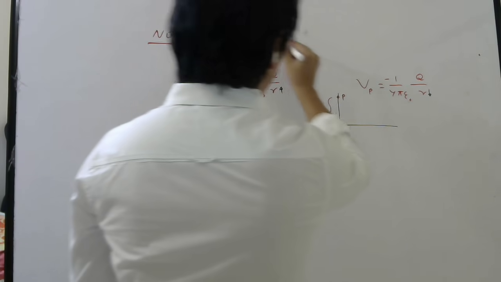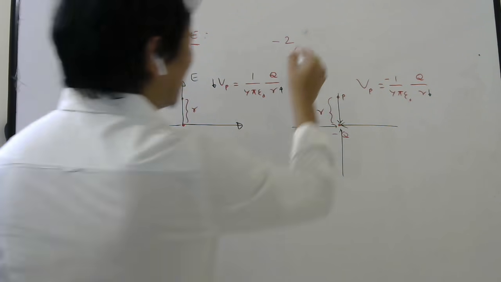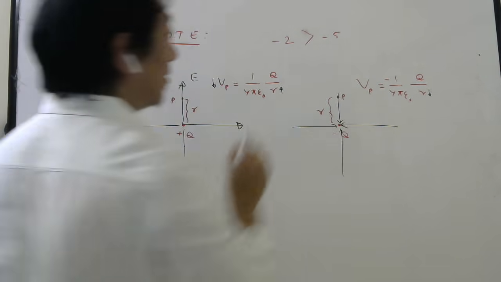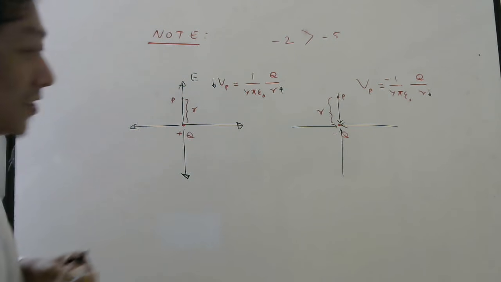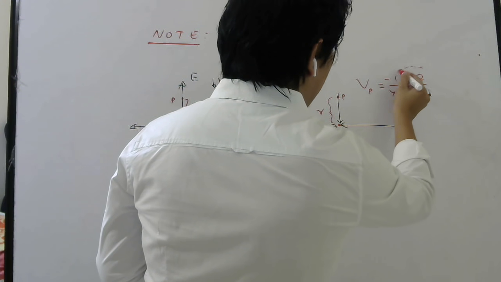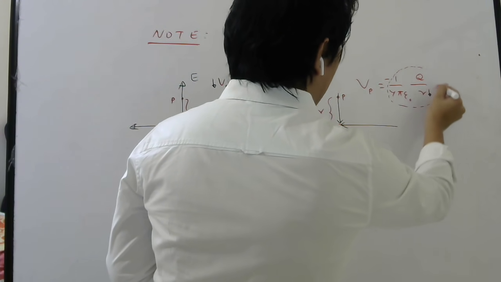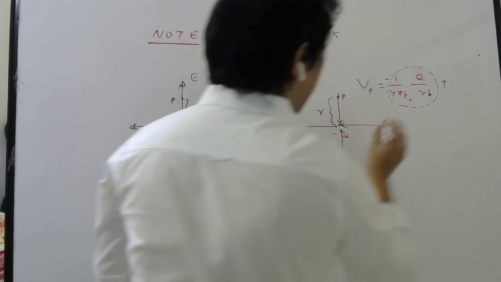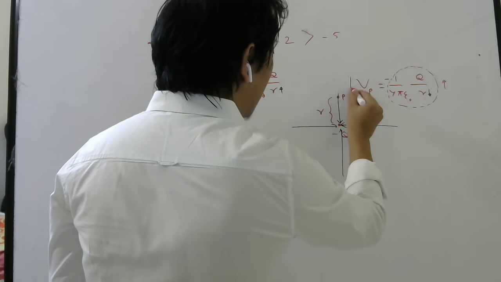Negative sign, and you know minus 2 is greater than minus 5. Yes or no, students? So when this R decreases, this quantity I know will increase. But minus increasing is actually decreasing.